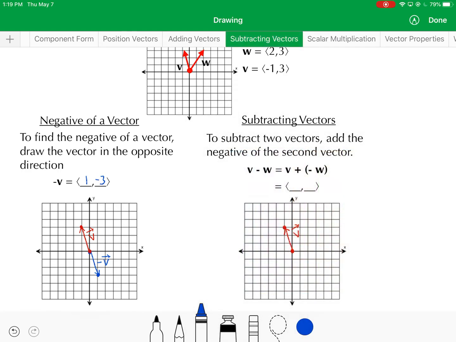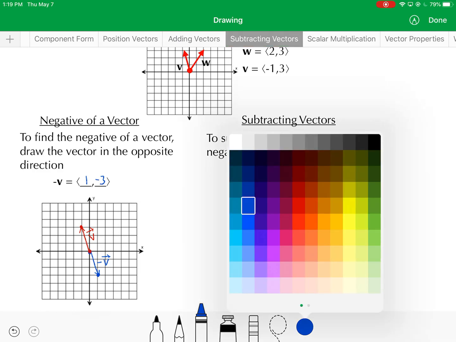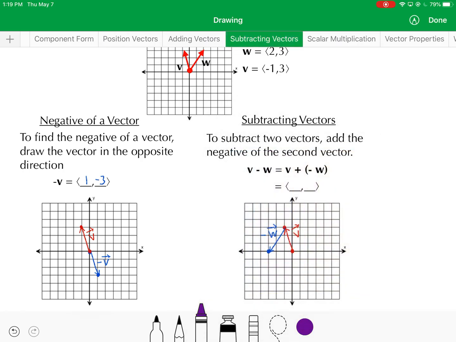So now I have to move 2 to the left and 3 down. So this would be the negative of vector W, and I'm going to say my resultant vector, I'm going to use purple this time.